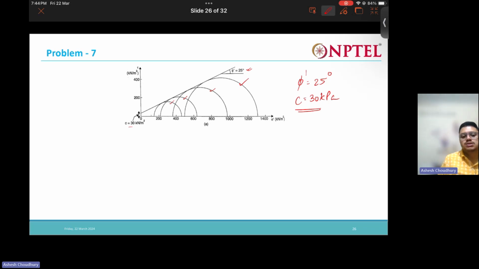Repeat this problem by yourself and see if you are getting the same values, because when you draw this by yourself on graph paper, things tend to change. That's why I am repeating again and again, please try to solve.